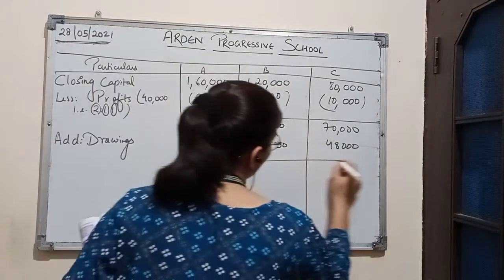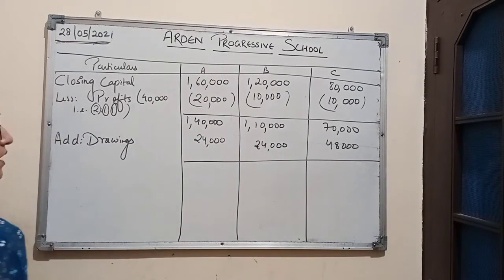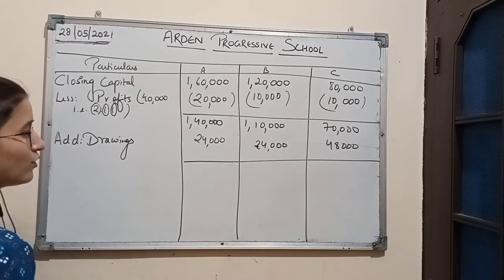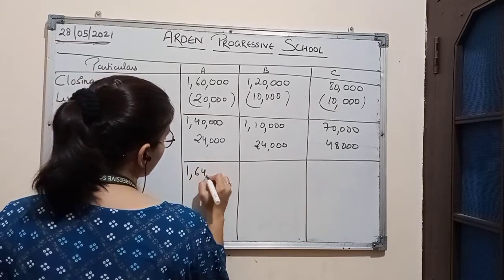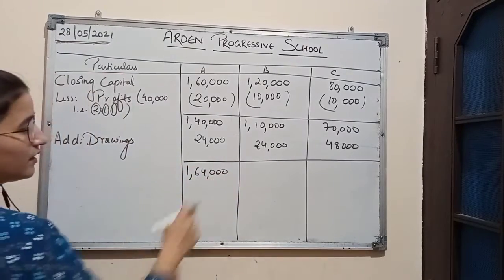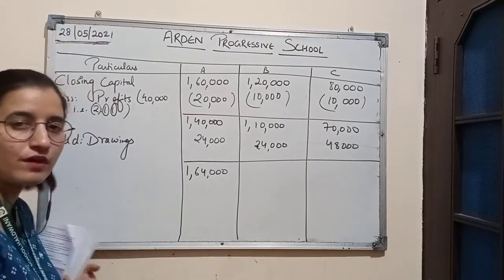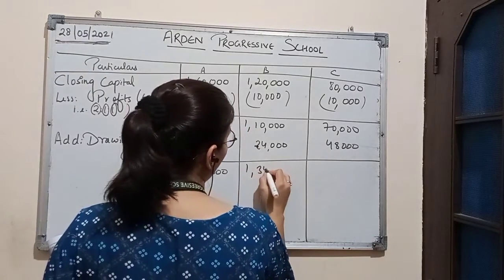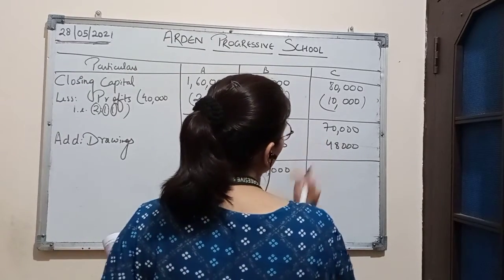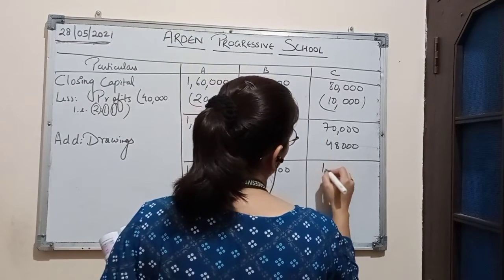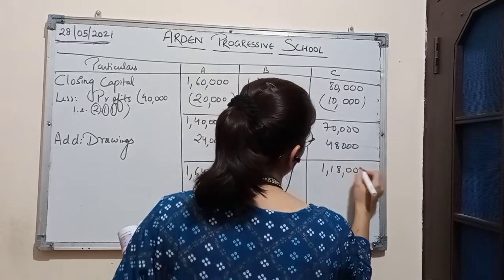So here we will calculate the total amount. If we add 24,000 to 1,40,000, we will get 1,64,000. Here 1,10,000 plus 24,000 will be 1,34,000, and here 70,000 plus 48,000 is 1,18,000.